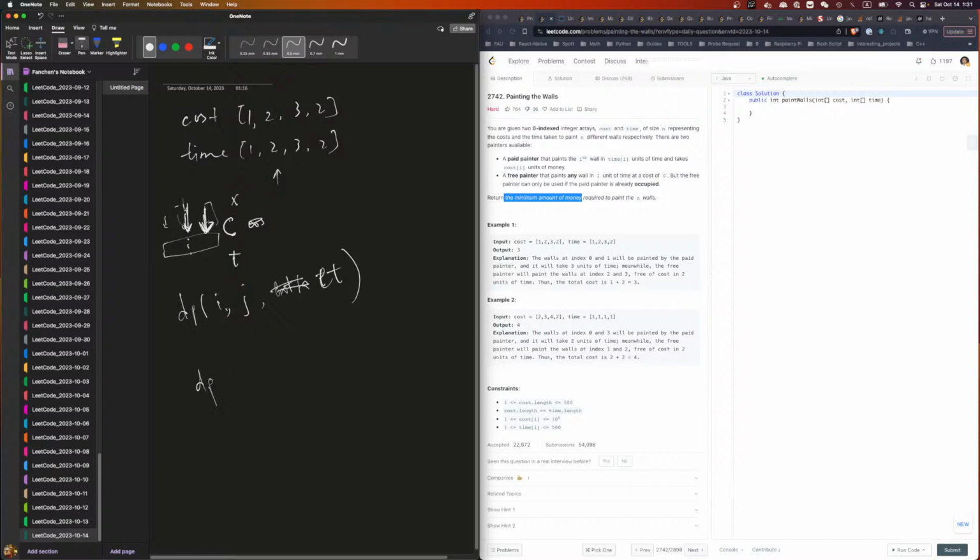What I want to find is dp from 0 to n minus 1 with 0 extra time. Extra time means the time I can use to hire the free painter. So this is what we want, this is what we're looking for.